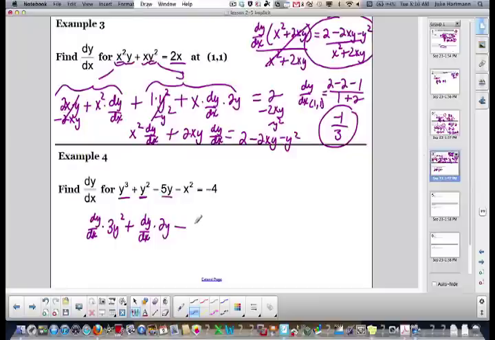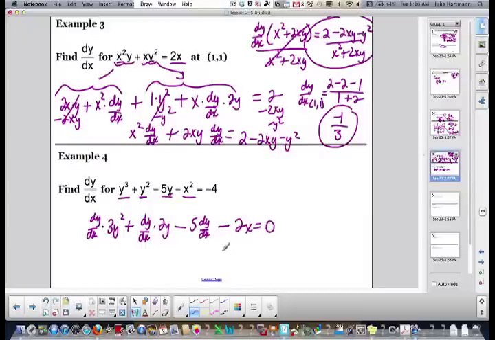Minus 5y: the derivative of the inside, y, is dy/dx, and the derivative of 5y is 5 dy/dx. Minus the derivative of x squared, which is 2x, and the derivative of negative 4 is 0.